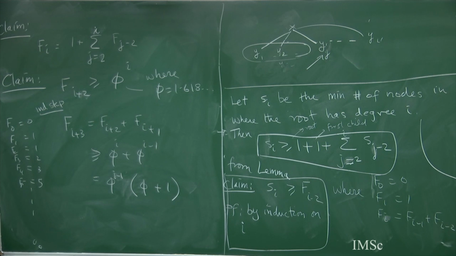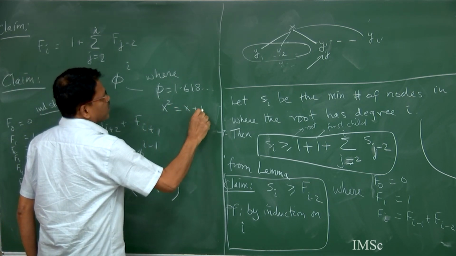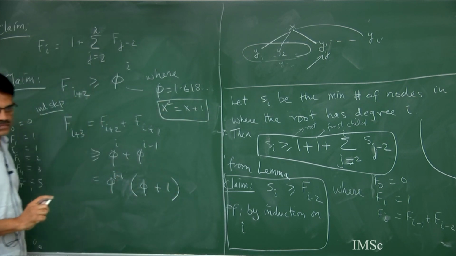Okay, and Fibonacci numbers satisfy one quadratic equation. What is that equation? Remember? It's basically they satisfy x square equal to x plus 1, right.